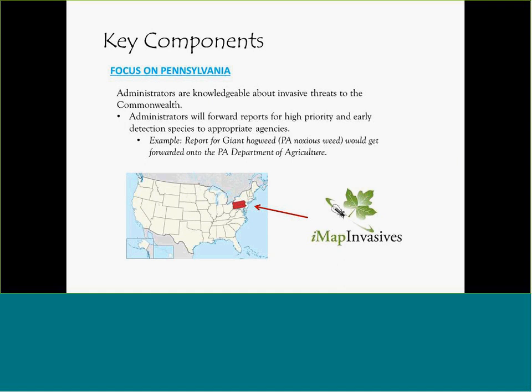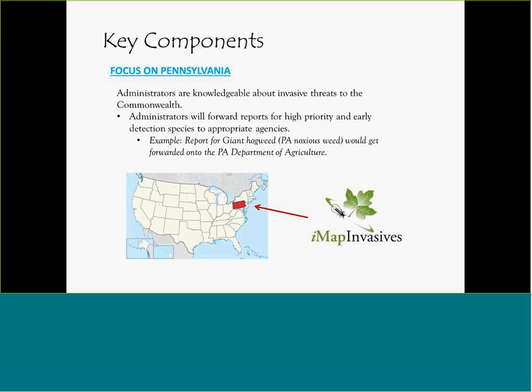Again, we're honed in on those reports that we get for high priority and early detection species. We forward that information on to the appropriate individuals, whether they're with a state agency, a nonprofit, or another appropriate group. An example of this is if you get a report of giant hogweed, which is a noxious weed here in our state.